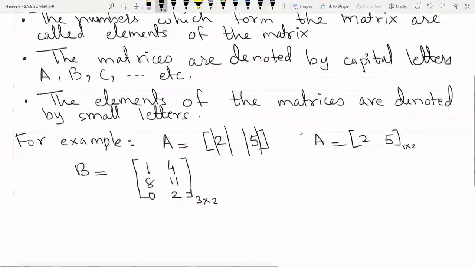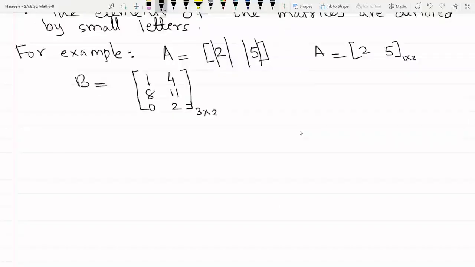So now let us see how we write a matrix in a compact notation, the notation for elements and matrix.